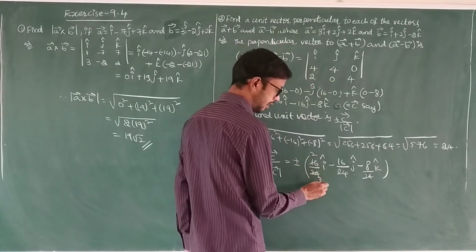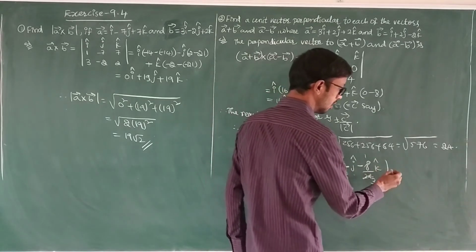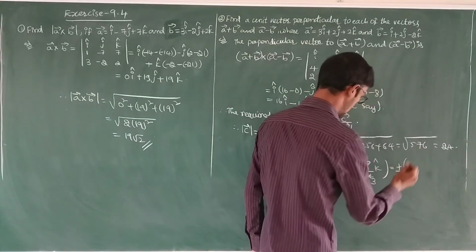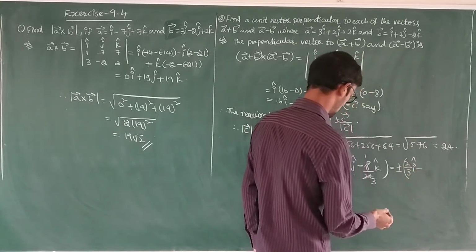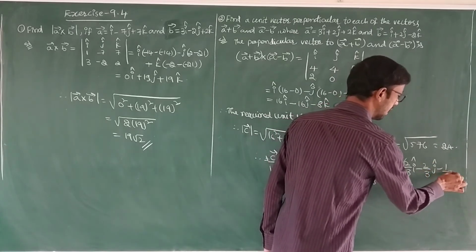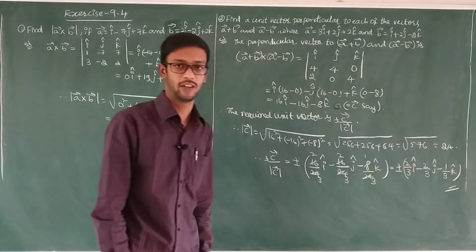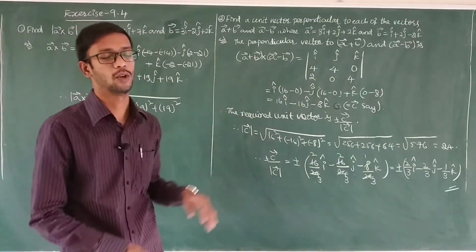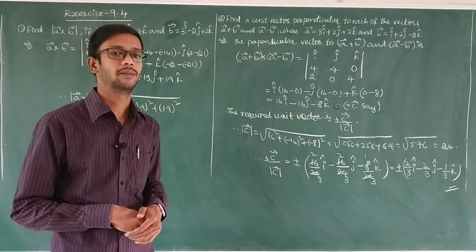Simplifying, the answer is plus or minus 2 by 3 I cap minus 2 by 3 J cap minus 1 by 3 K cap, which is the required unit vector perpendicular to both of the vectors A bar plus B bar and A bar minus B bar.